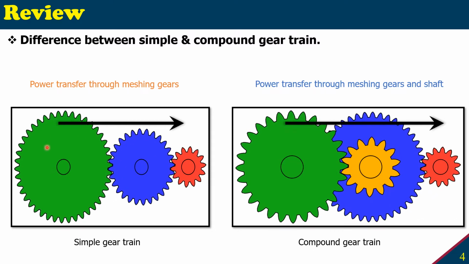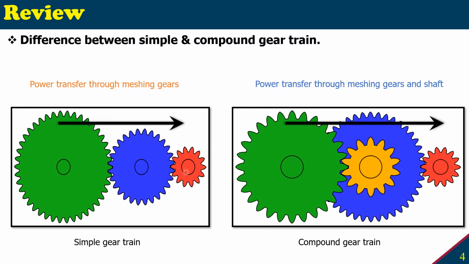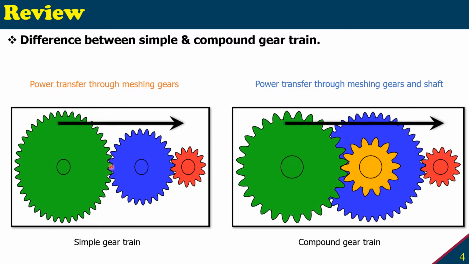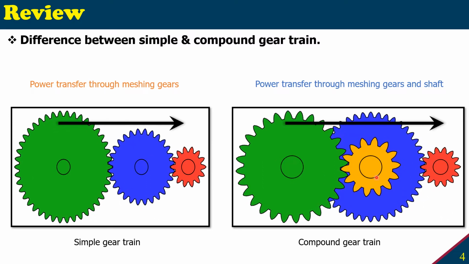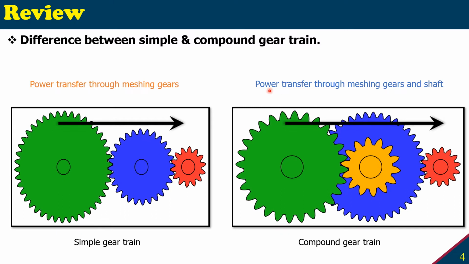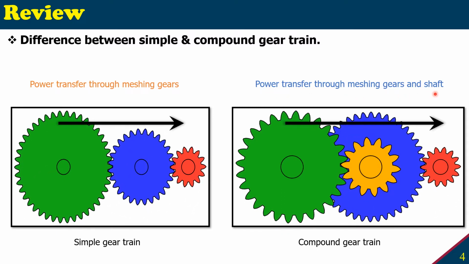Now see, the power from the driver is transferred to the blue and then to the red only through the meshing gears. On the other hand, if you look at the compound gear train, the power is transferred through meshing gears and the shaft.